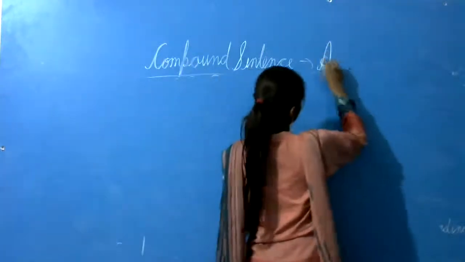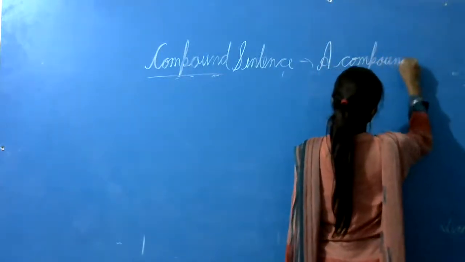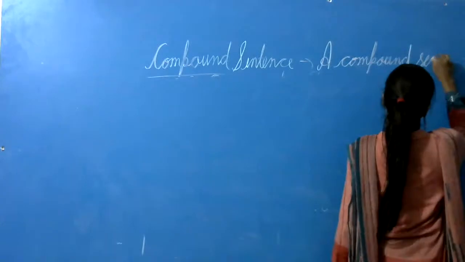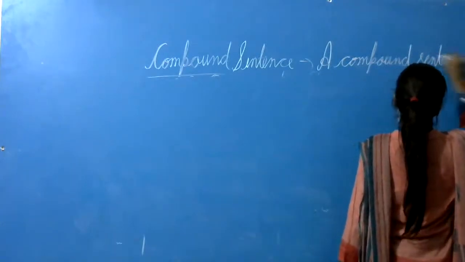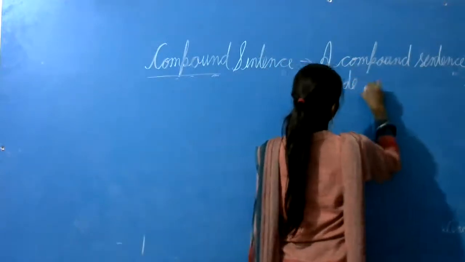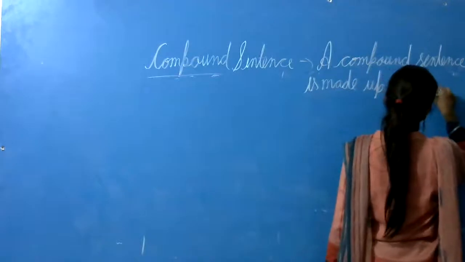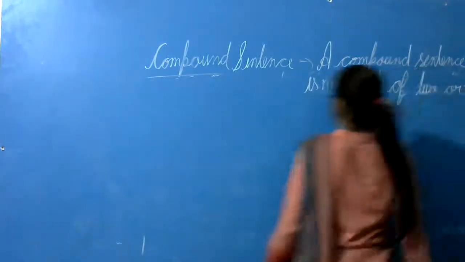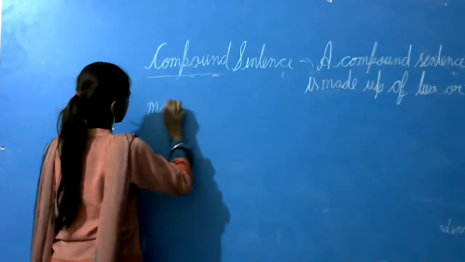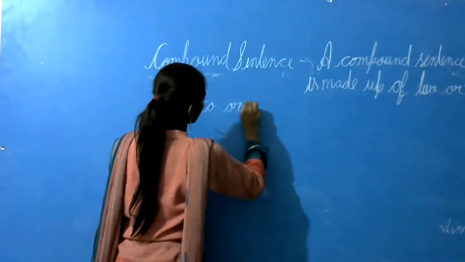A compound sentence is made up of two or more coordinating clauses.